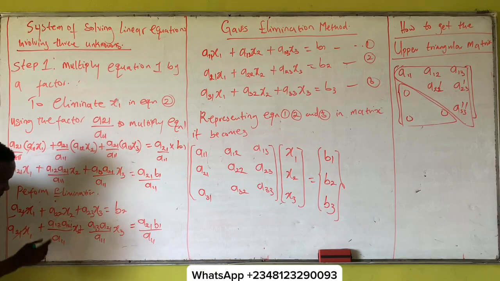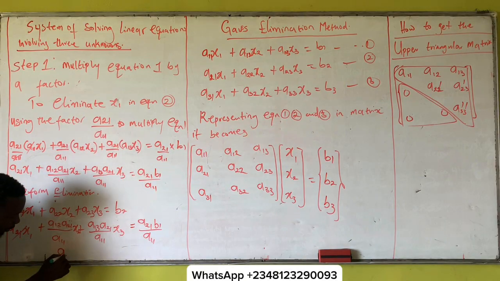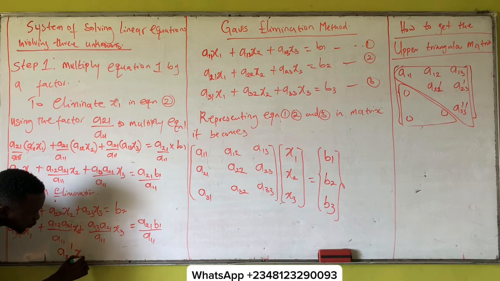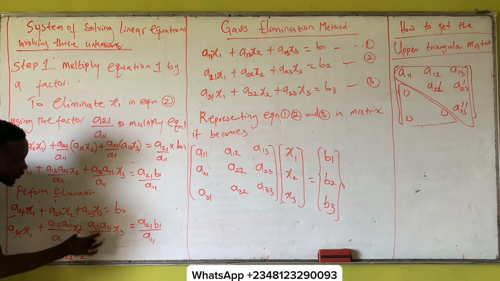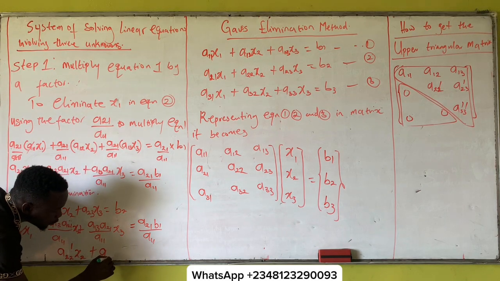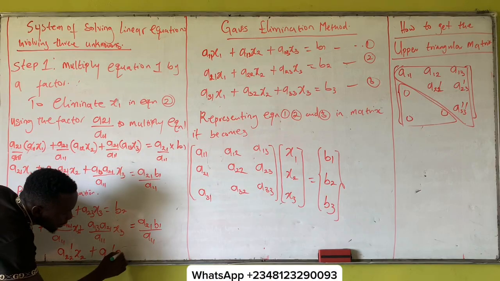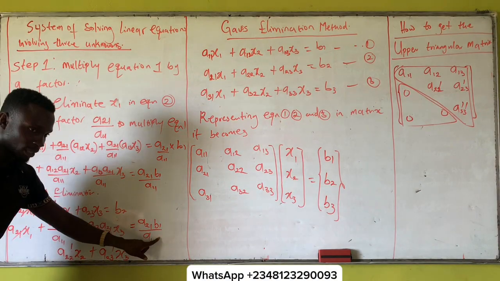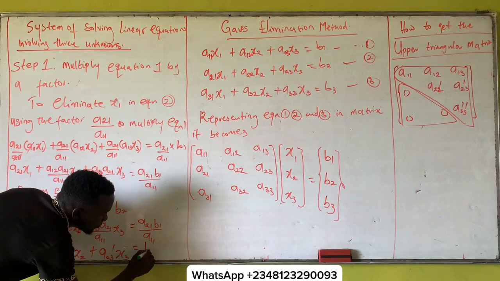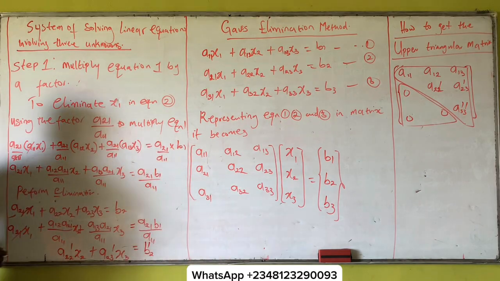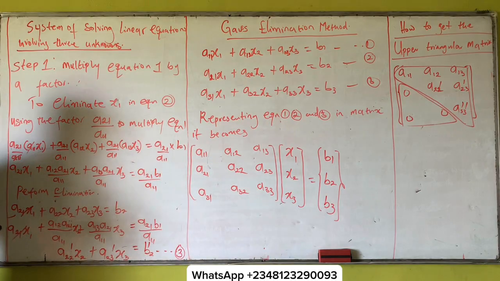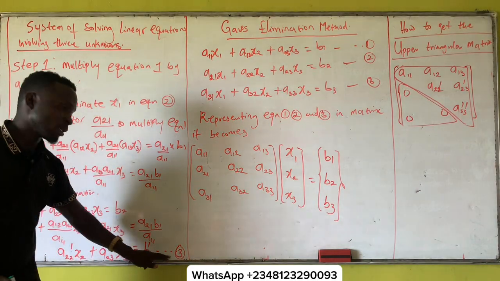So this minus this will give us A22 prime x2, plus minus this from this, let's call it A23 prime, x3 equal to minus this from this, let's call it B2 prime. Now let's call this equation 3.